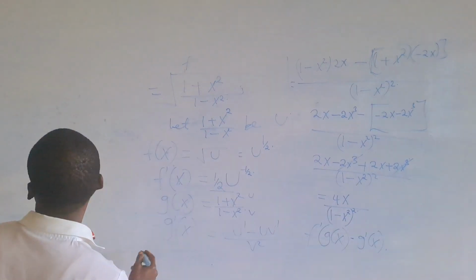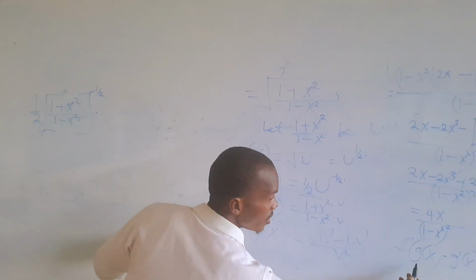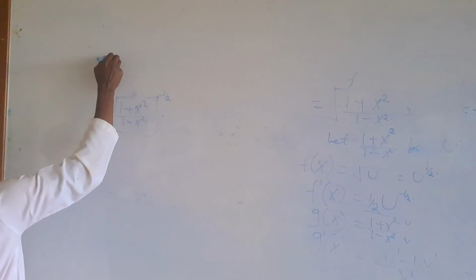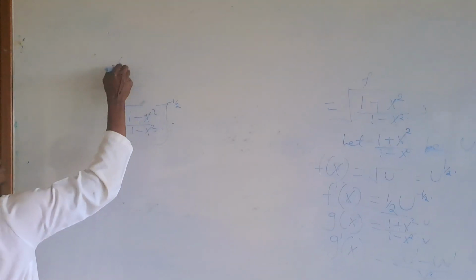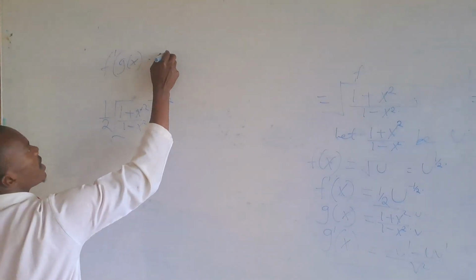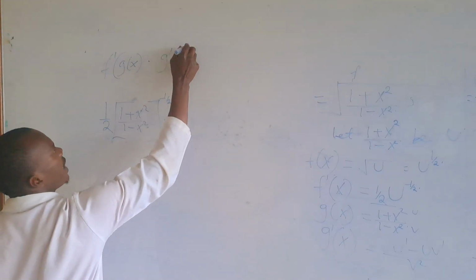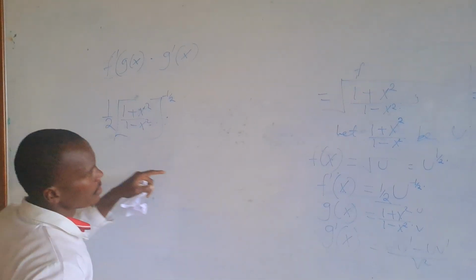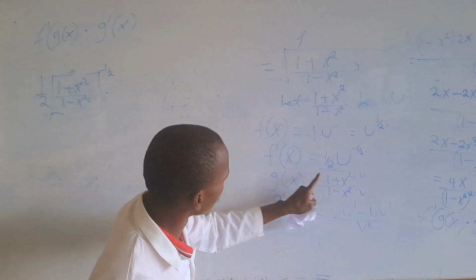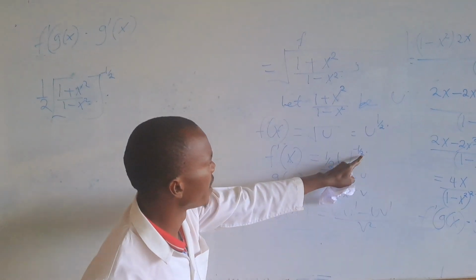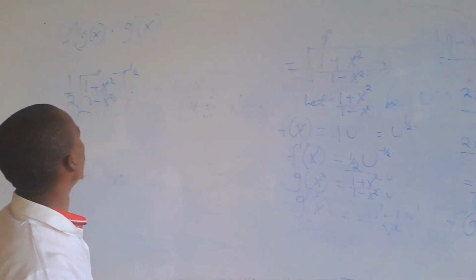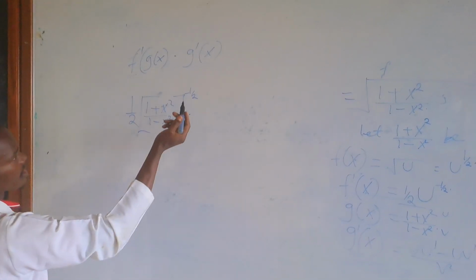So what I've written here was, we said the formula is, let me write the formula here so that you can follow it. That is f prime of g of x, you multiply by g prime of x. So f prime was this one, which was a half u raised to power negative, and u is now this one, which is g of x.